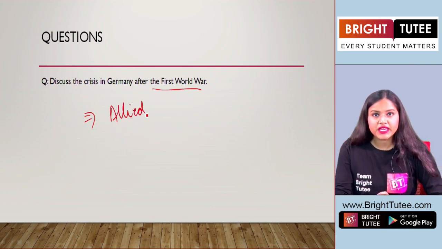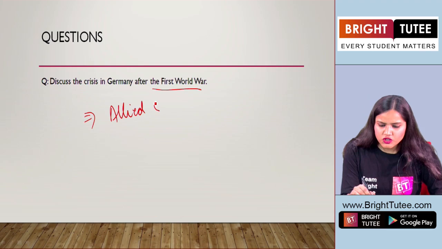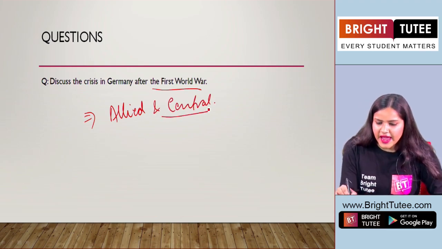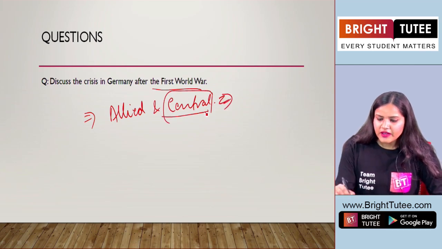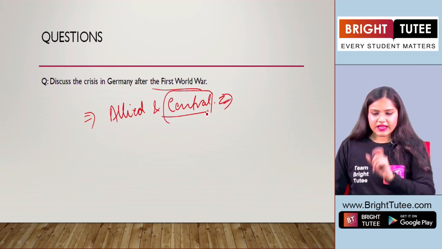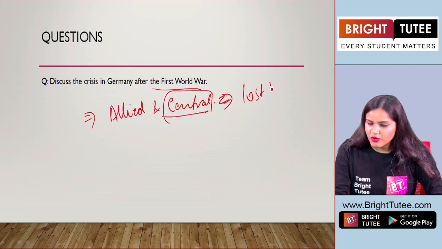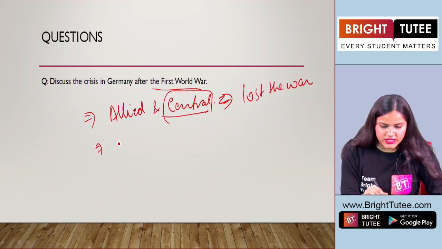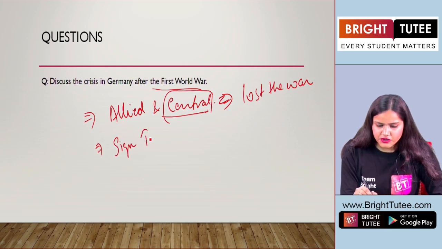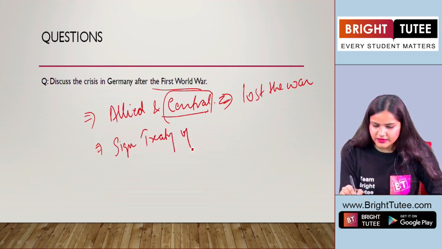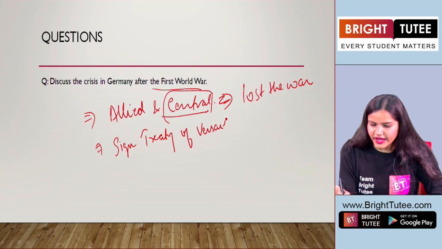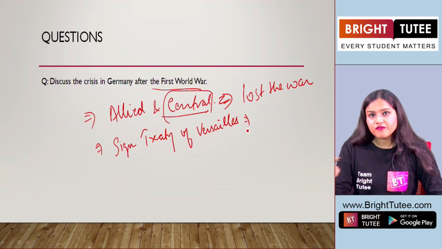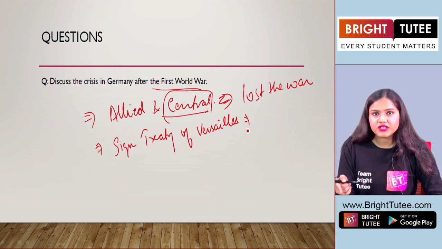If the question is being asked as a long answer question, talk about the Central and Allied powers that participated in the war, and Germany, fighting from the Central power side, lost the war. As a result, they had to sign the Treaty of Versailles, right? Which was humiliating and harsh for the people of Germany. You have to mention these points here.